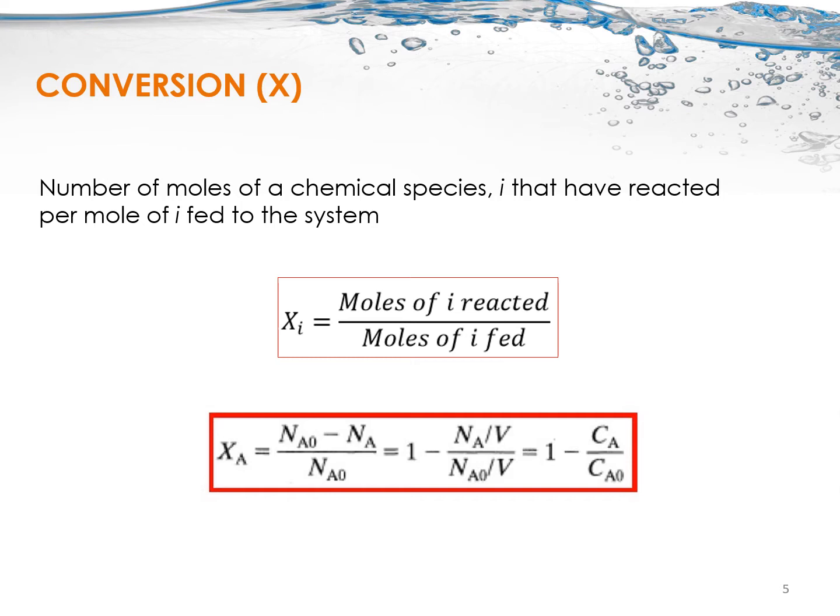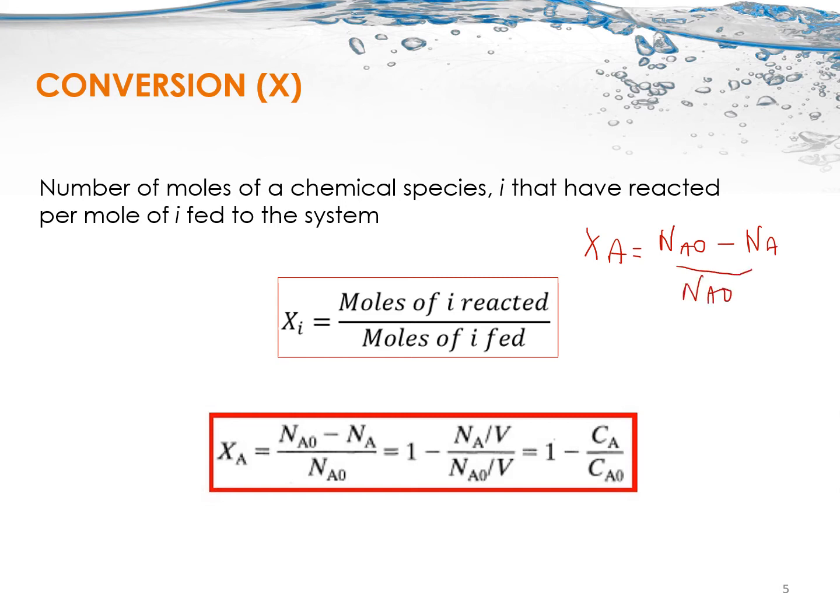So Xi is equal to moles of I reacted over moles of I fed. That means Xa is equal to reacted, the difference between Na naught minus Na, over Na naught.